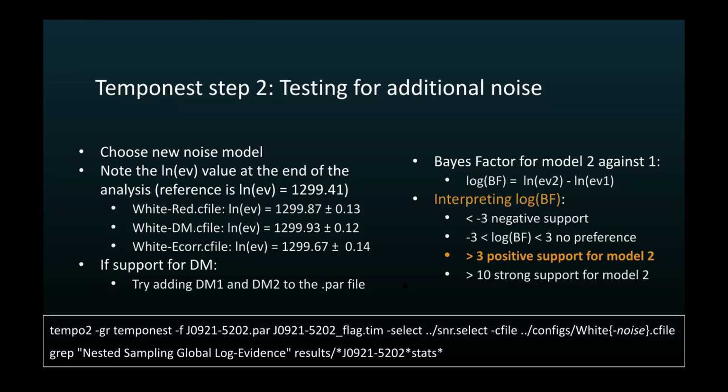In your pulsars, you're likely to have evidence for some of these noise terms. If you have evidence for DM, you could also try fitting for DM1 and DM2 in your par file, and then running this analysis again and seeing if the noise changes.